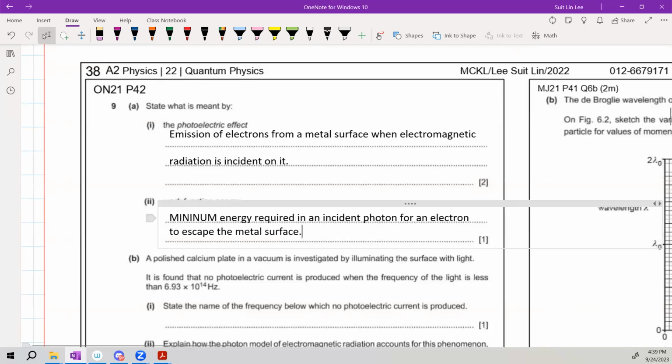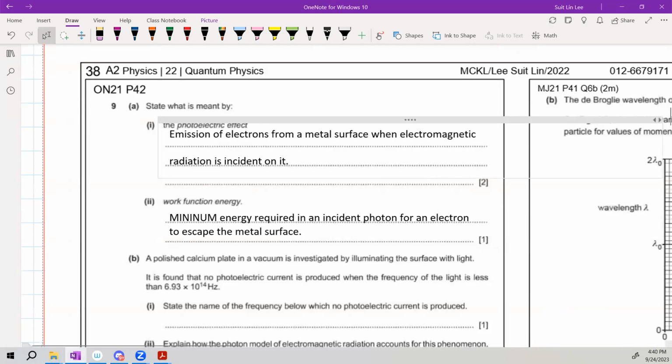So it is the photon energy that provides the energy necessary for the electrons to yoink itself away from the metal surface. Okay, nice and easy. If I see simple definitions like this and I understand the phenomena, they should be fairly straightforward to write. Okay, moving on.